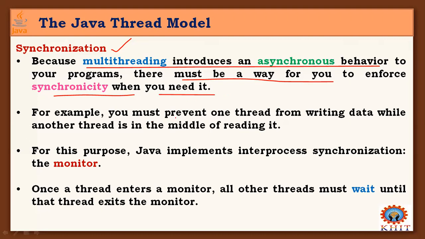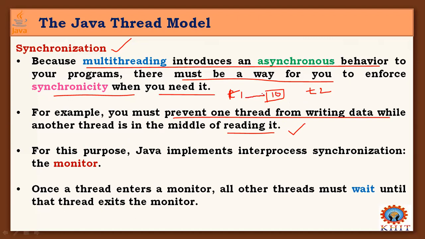For example, we must prevent one thread from writing data while another thread is in the middle of reading it. So that is the readers-writers problem. For example, here is one thread T1, and this is T2, with common data, say 10.